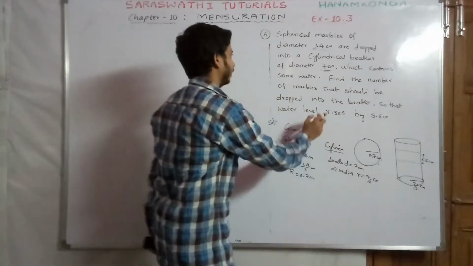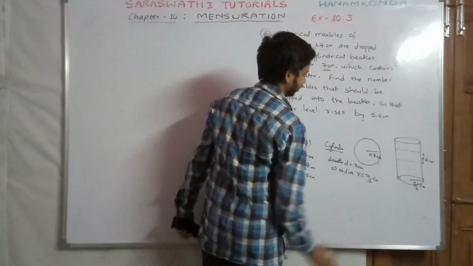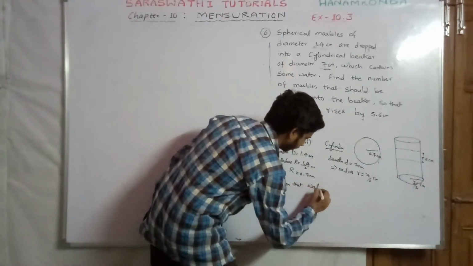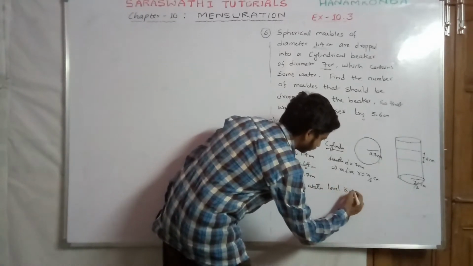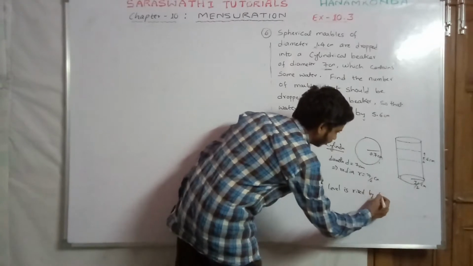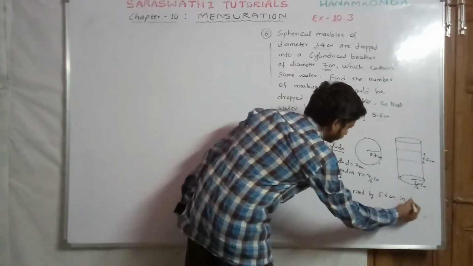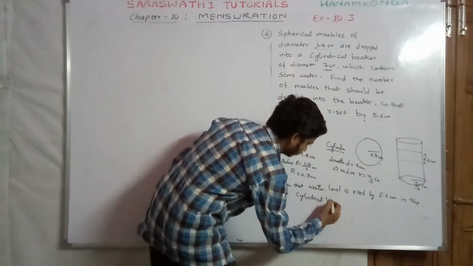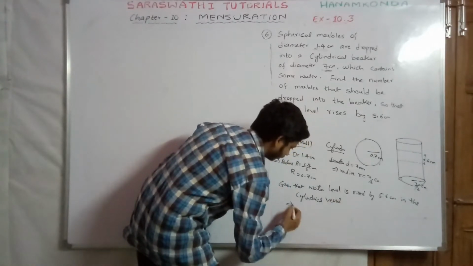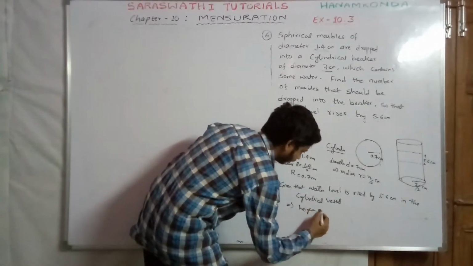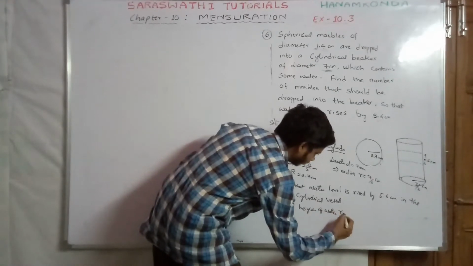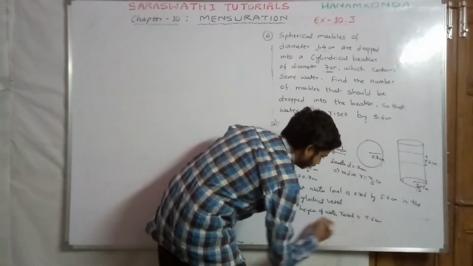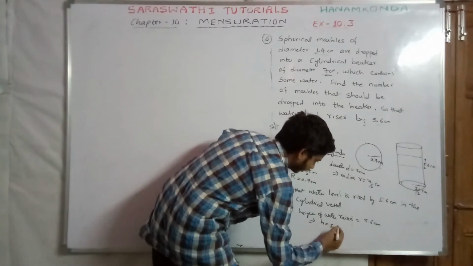Given that the water level is raised by 5.6 centimeters in the cylindrical vessel, it implies the height of the water rise h is equal to 5.6 centimeters.